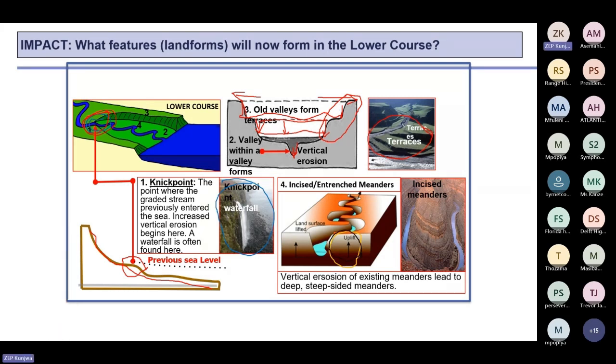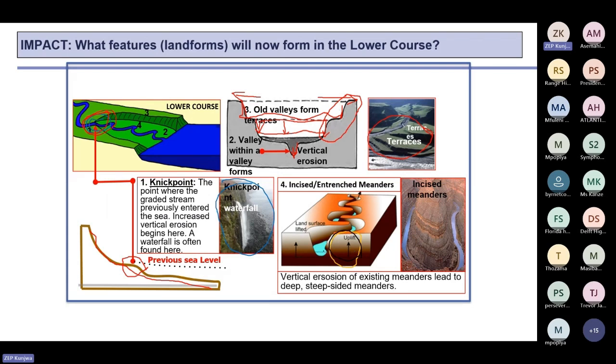Now, as I was saying to you, learners, it is not only the vertical erosion that can cause this. Also, when you have got an uplift, as we have learned, it's when the land is pushed up. This can happen when the river already exists.